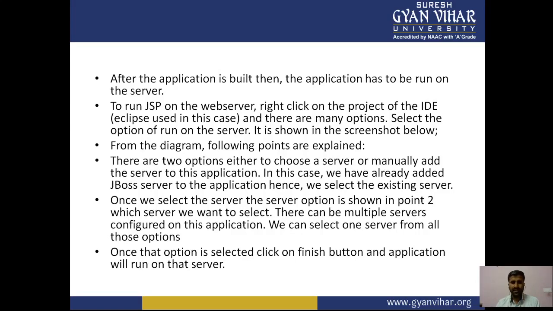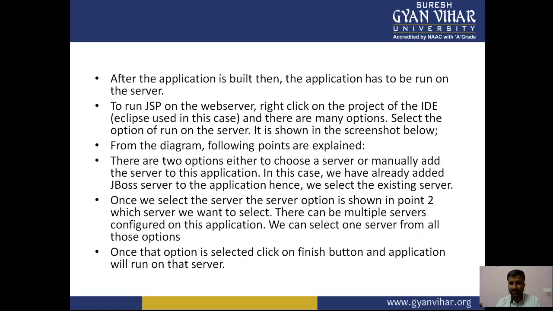To run JSP on this web server, right click on the project in the IDE, Eclipse used in this case. There are many options. Select the option of run on the server. It's shown in the screenshot below. From the diagram, the following points are explained. There are two options, either to choose the server or manually add the server to this application. In this case, we have already added the JBoss server to the application.